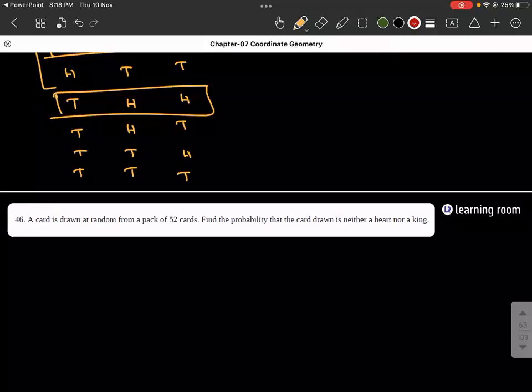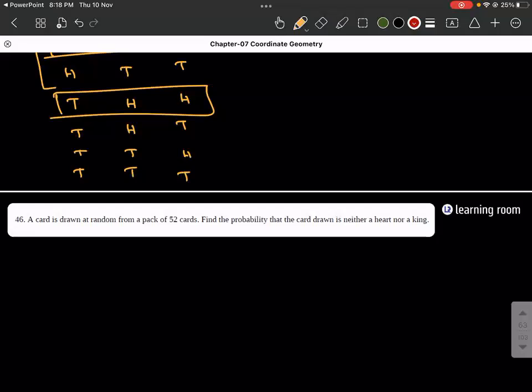So do the 46th one. 4 by 13. Answer 46. Yes, sir, 4 by 13, sir. 4 by 13 is not given here.